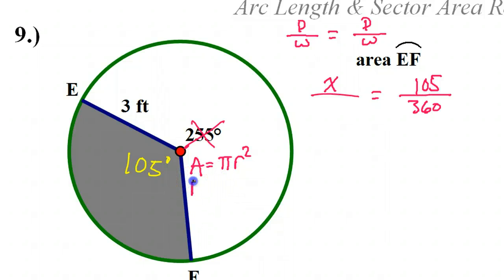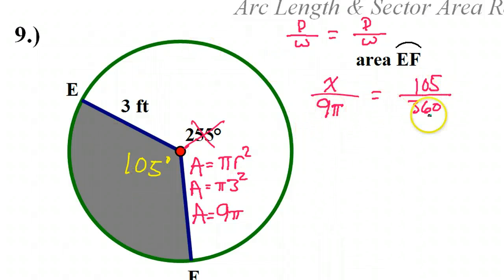The radius is 3, so that's pi 3 squared, or in other words 9 pi. That's the area of the entire circle, so I'm going to put 9 pi right here, because we're doing part over whole, and 9 pi is the area of the whole circle.